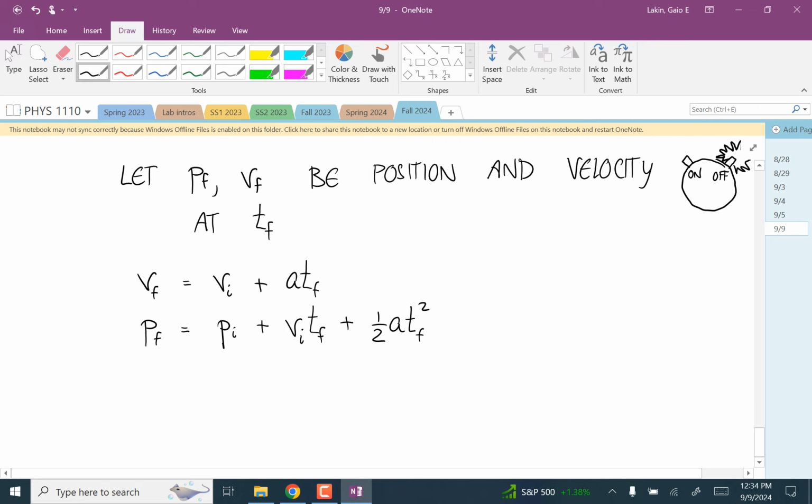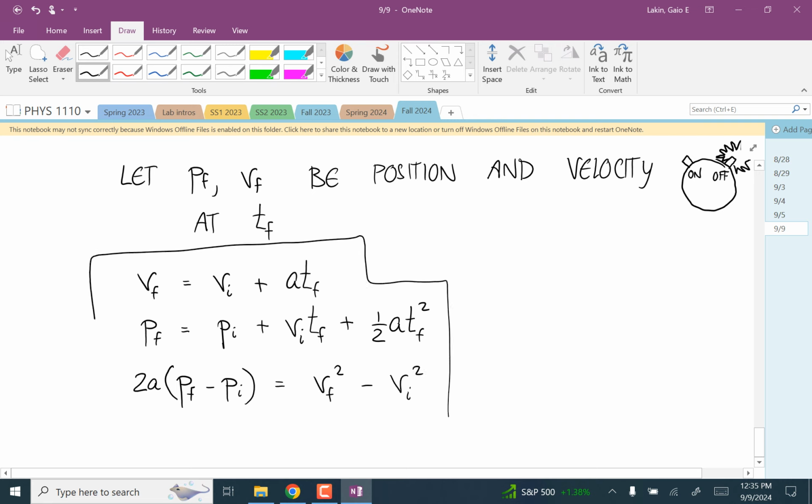And the last one says 2 times A times the quantity P final minus P initial is equal to V final squared minus V initial squared. So those are the three constant acceleration equations.